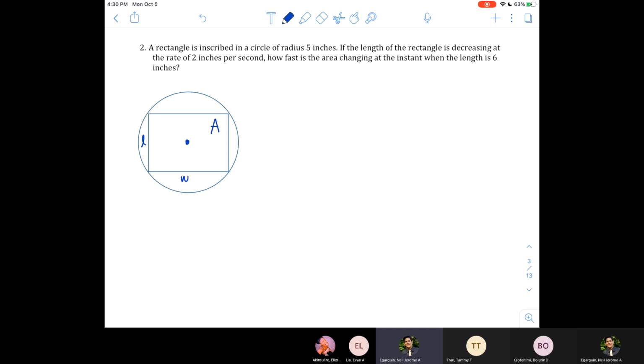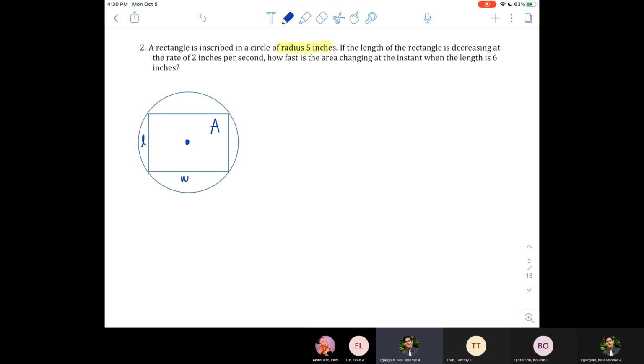I'm writing all the variables inside of the figure so that it makes sense what each variable stands for. Another piece of information which might help us later is that the radius of the circle is 5 inches. Remember, the radius is the length of a line segment drawn from the center towards any point in the circle. All right, so that will be helpful later. But these are all the information that we need.